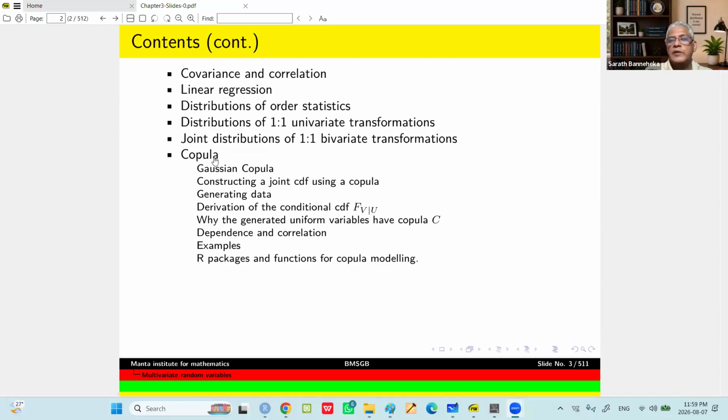In the book, in chapter 3, there is very little about copulas, but I thought I would take a comprehensive look at it because it's a very important area nowadays.